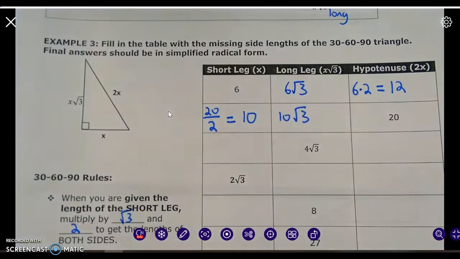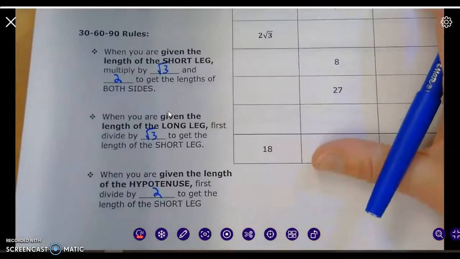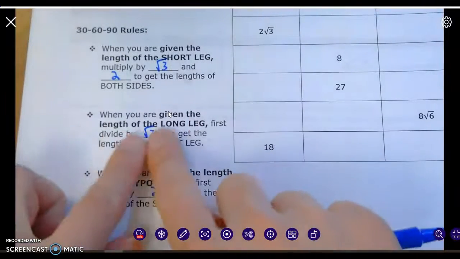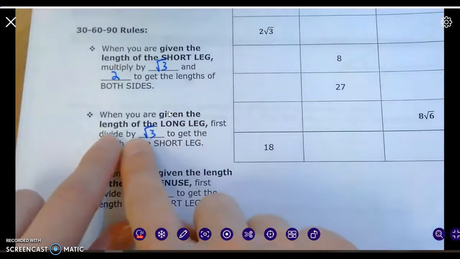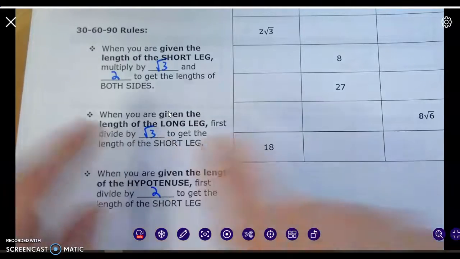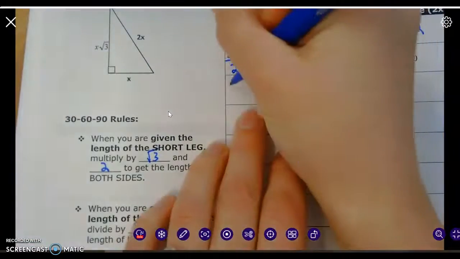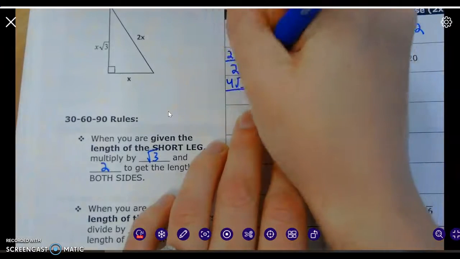Okay, next one. We start with the long leg. This is the least fun one. Okay, so if we start with the long leg, we first divide by square root of 3 to get the short leg. So we're going to take that 4 root 3, divide by root 3.